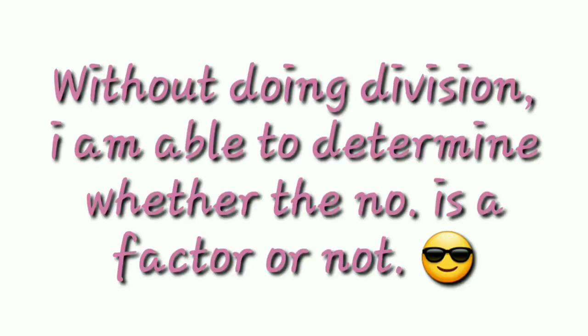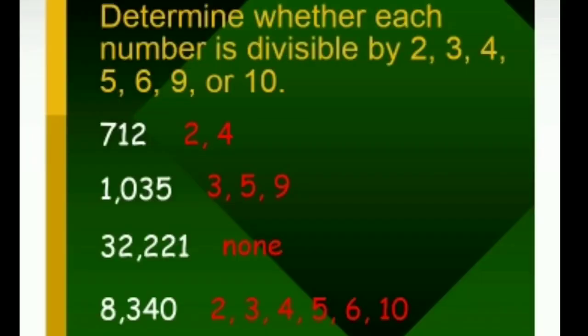The advantage of this rule is that without doing the division, just by looking at the number, we are able to determine whether the number is divisible by the given number or not. Like here, I have written: determine whether each number is divisible by 2, 3, 4, 5, 6, 9 or 10.